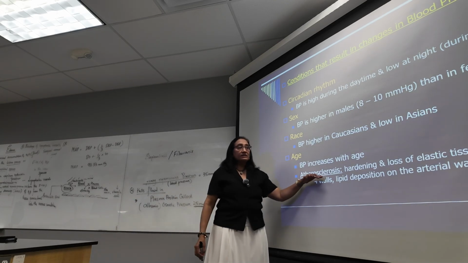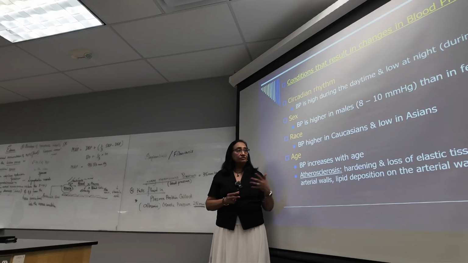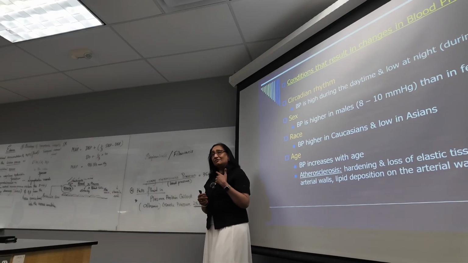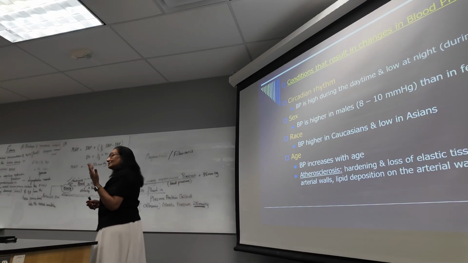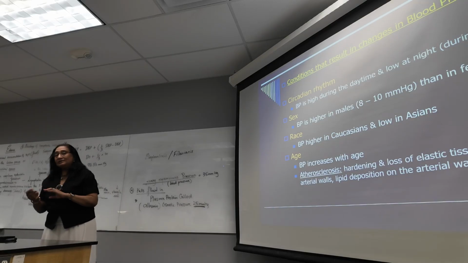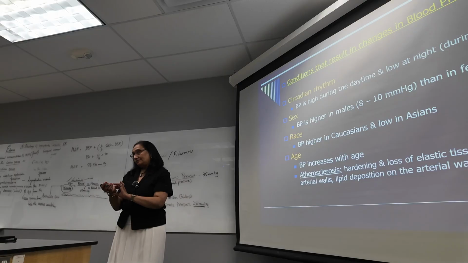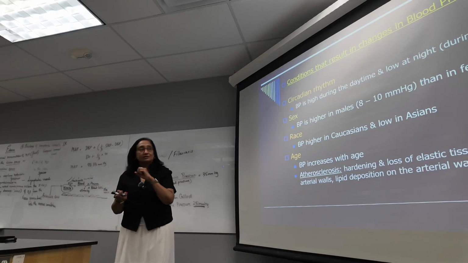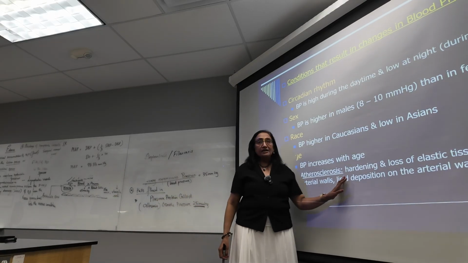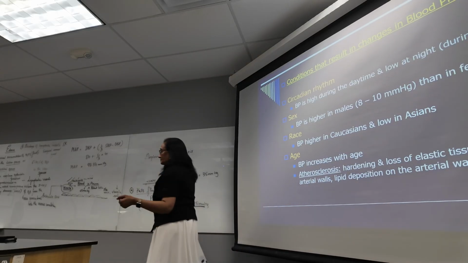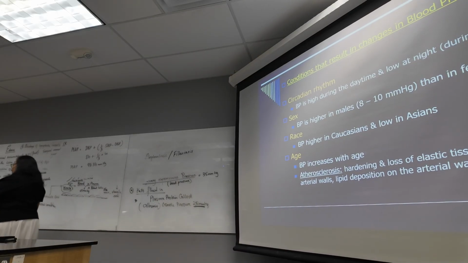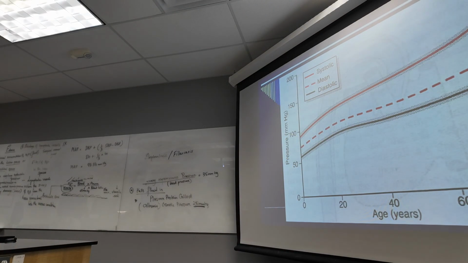That is called atherosclerosis, hardening of the blood vessels. If you have a very elderly grandparent, maybe 80, 90, sometimes you can even feel their radial artery because it becomes hard with age and deposition of fat. So there are lots of things that alter your blood pressure.